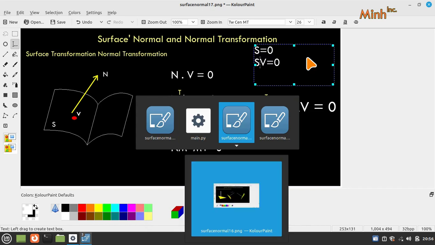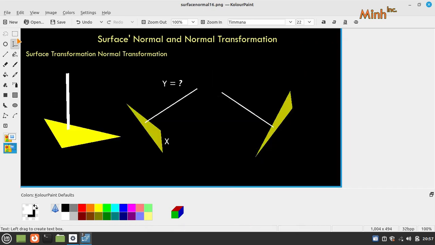So Y is nothing but X, then inverse and then transpose.